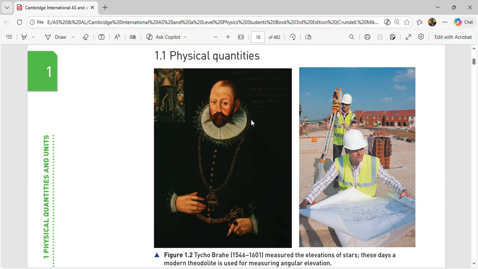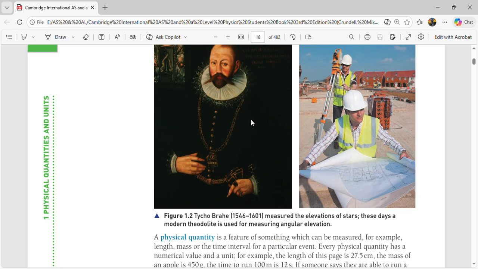Our topic is physical quantities and the SI units. A physical quantity is a feature measured, such as length, force, mass, time, and others.